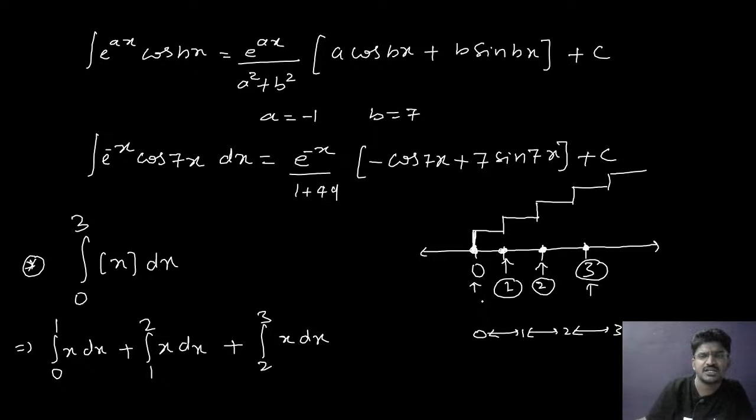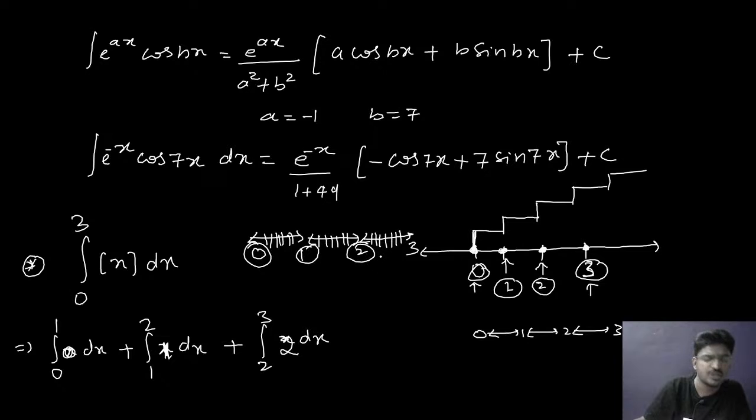From 0 to 3, you just see, here the output will be 0, here the output will be 1, and here the output will be 2, because you know that the greatest integer value in between 0 to 1 will be 0, in between 1 to 2 the answer will be 1, and in between 2 to 3 the answer will be 2.